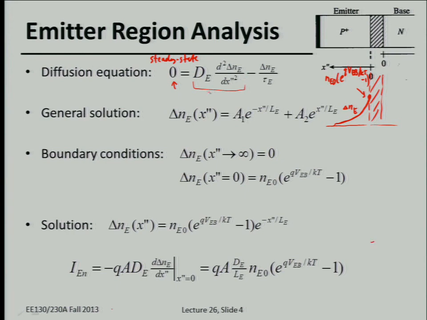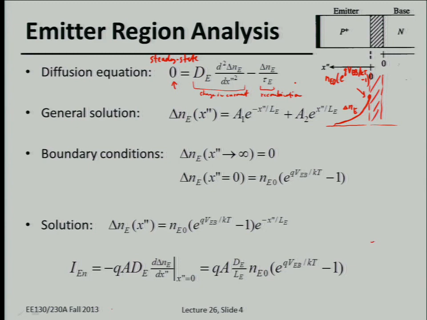So this is the change in current, which is mainly diffusion current for minority carriers, and this term represents recombination, a loss of carriers. If you do have a change in diffusion current, then you must have some recombination going on. This is the minority carrier diffusion equation for the emitter region.